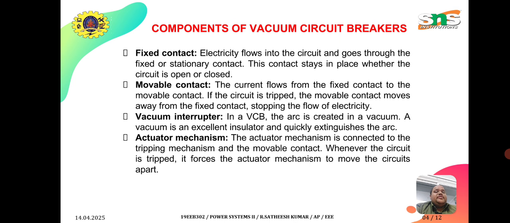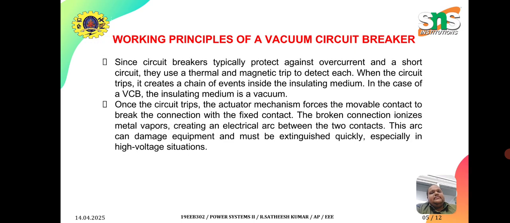Whenever the circuit is tripped, it forces the actuator mechanism to move the contacts apart, that is, making the moving contact move front and back based upon the necessity. If it wants to make a contact, the moving contact will move towards the fixed contact. If it wants to break the contact, it will move away from the fixed contact.